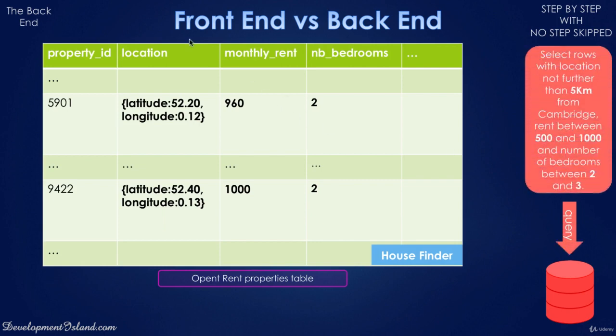So you will find a table inside the database looking like this. So this is going to be, for example, the properties table. And for each property, you're going to have certain details like the ID of the property, its location, the rent, number of bedrooms, etc. So once you run this query, if any properties are found, so in this example, let's say that that property fulfills the conditions of the search, since the rent is between 500 and 1000, and we are also fulfilling the other conditions.